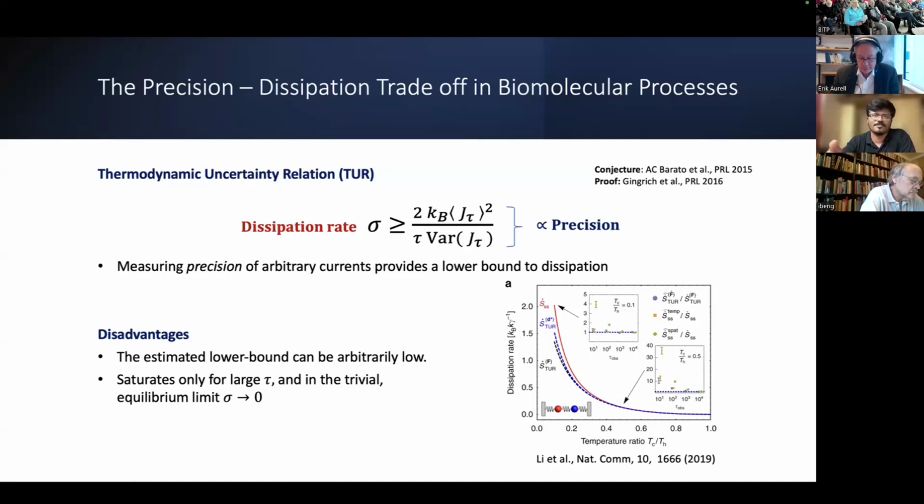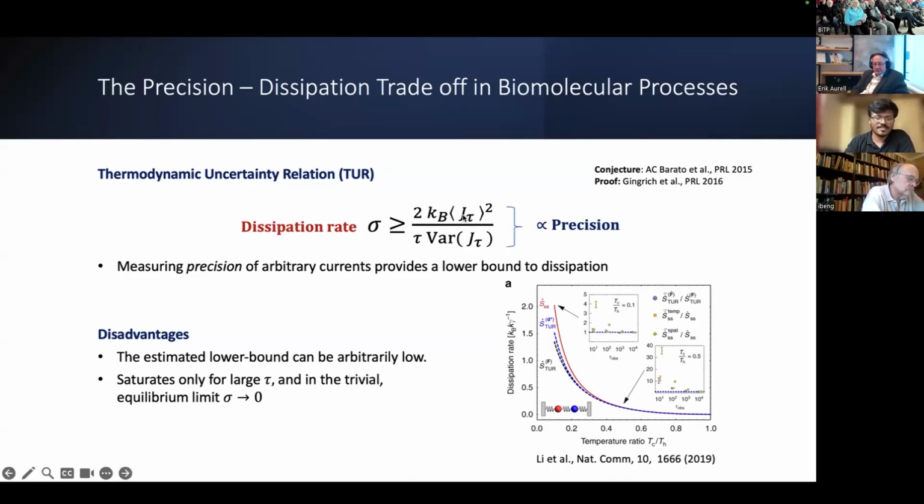For example, the heat dissipated itself is a current, and that you can measure for a certain duration of time in a steady state. So that is one time dependence coming: how long you keep on measuring these currents. Even if the system is in a steady state where there is a time translation invariance, you can choose to take data for a certain time duration, and that has an effect on the uncertainty relation.